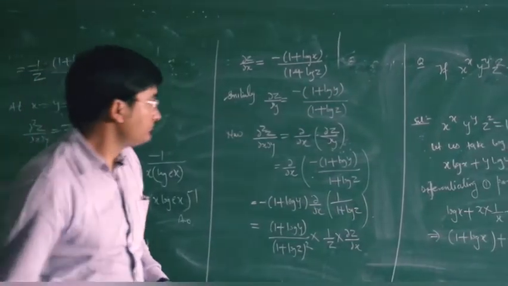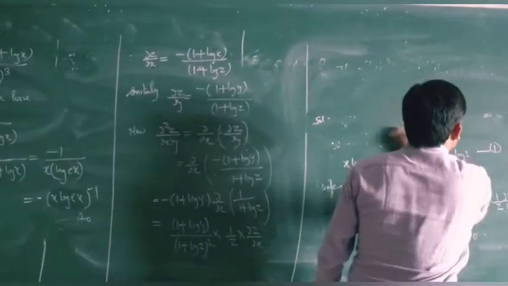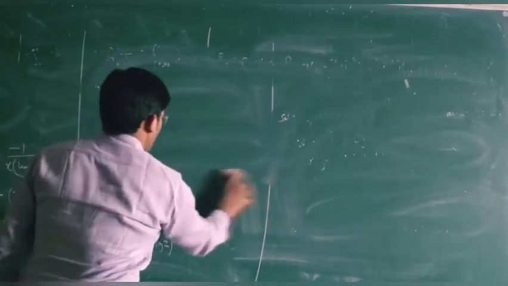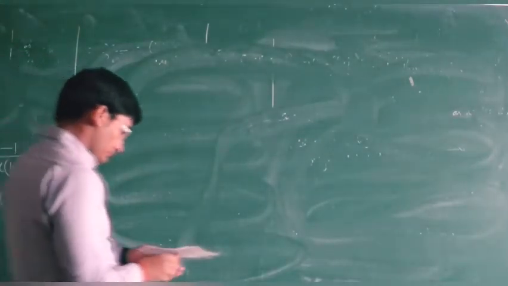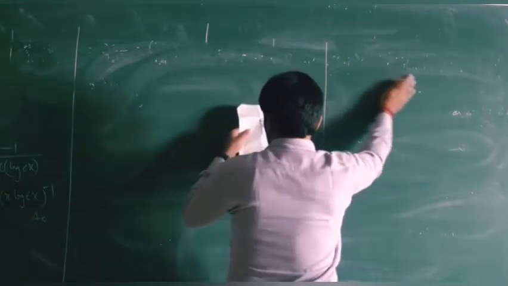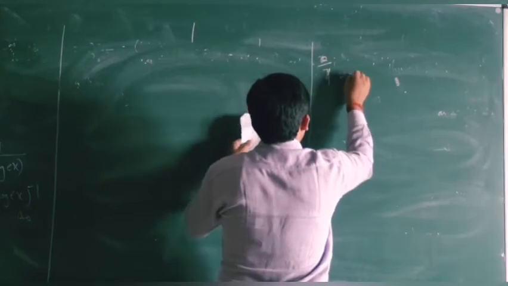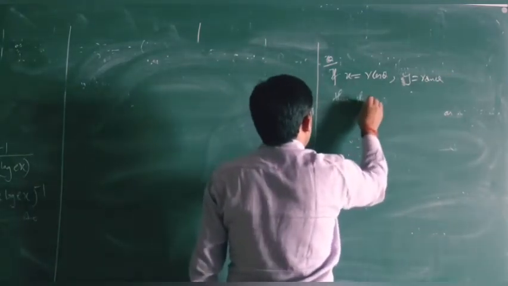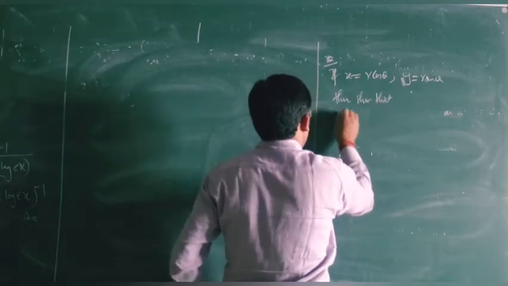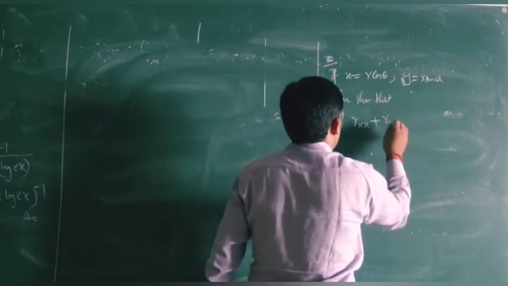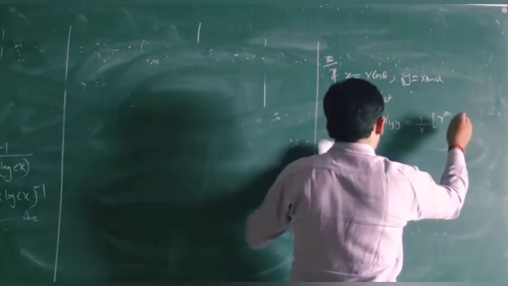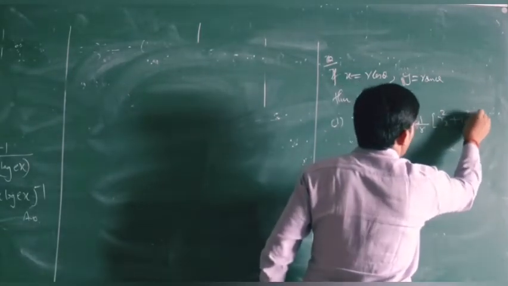And then next question. If x equal to r cos theta, y equal to r sin theta, then show that the first part, the double derivative of r with respect to x, and then the double derivative of r with respect to y, the sum of these two is equal to 1 upon r, your rx whole square plus ry whole square.